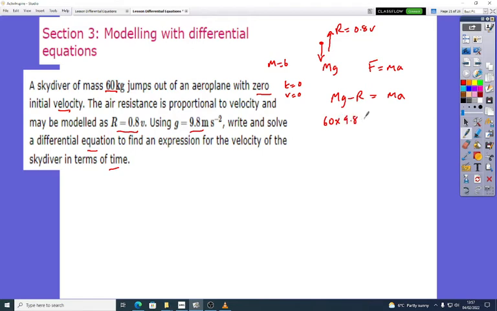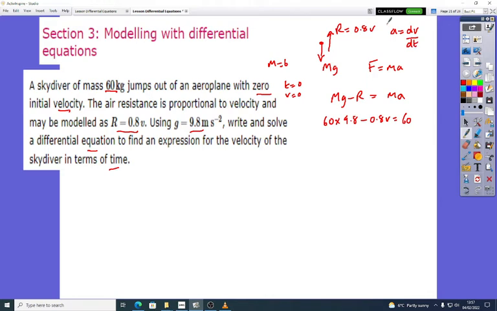Minus the resistance is going to be 0.8 v, and that's going to equal mass, which is 60, times acceleration. At this point you should know that acceleration in terms of velocity and time is dv dt.